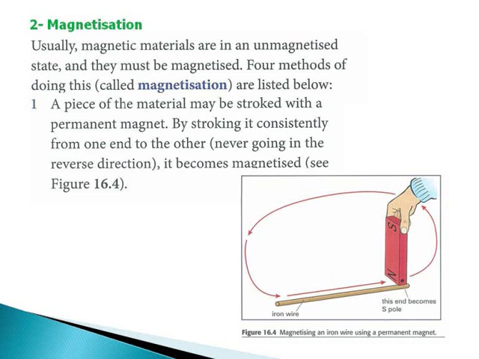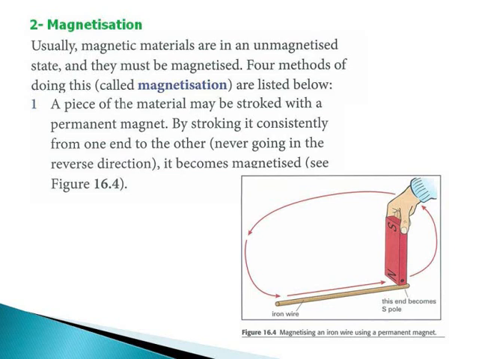If we use a permanent magnet to stroke any material, it will become magnetized. Stroke it consistently from one end to the other, like in this figure, then move your hand up and do it again.